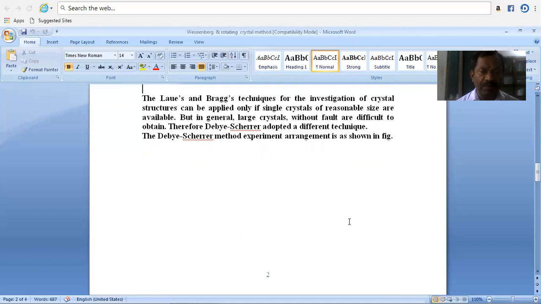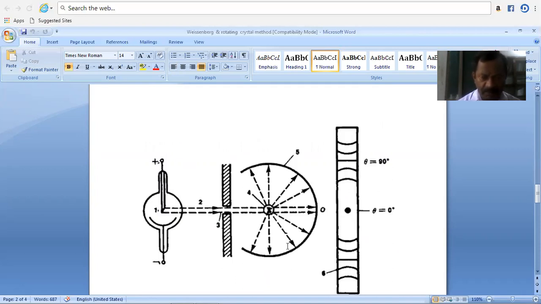Therefore, Debye and Scherrer adopted a different technique called Debye-Scherrer method. The Debye-Scherrer method experiment arrangement is as shown in the figure. See, this whole thing is the Debye-Scherrer method experiment arrangement or setup.